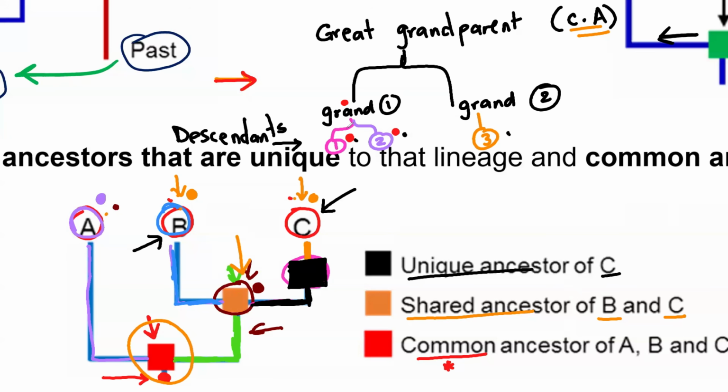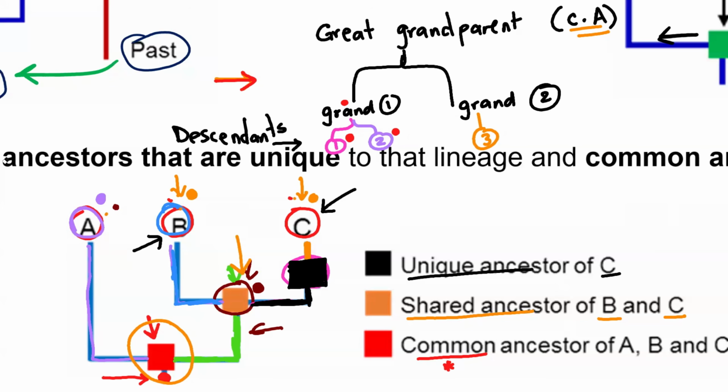So that's their shared ancestor. We don't call it common anymore because it is not common to number 3. Descendant number 3 has nothing to do with grand 1. They are not related in any way. But descendant number 1 and descendant number 2 are sharing a grandparent. So grand 1 is not a common ancestor. It is a shared ancestor, because it's not common to descendant number 3.